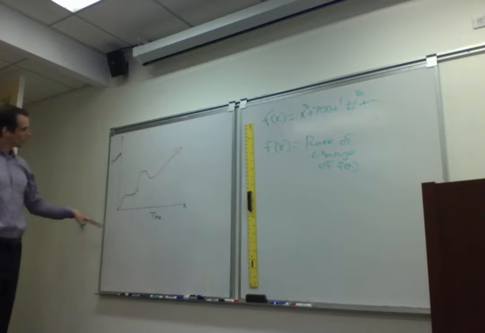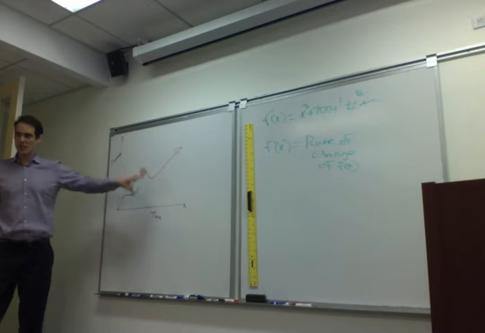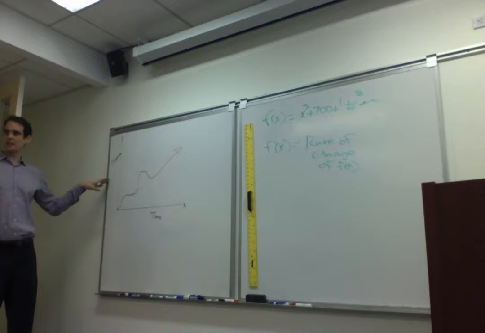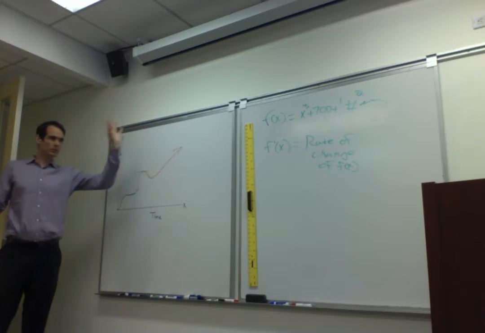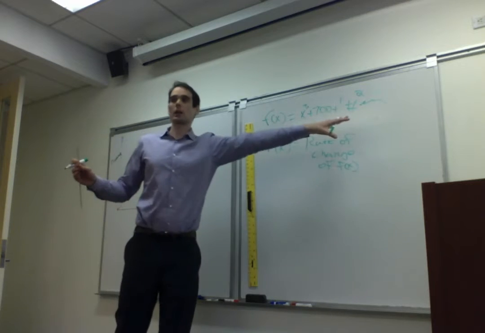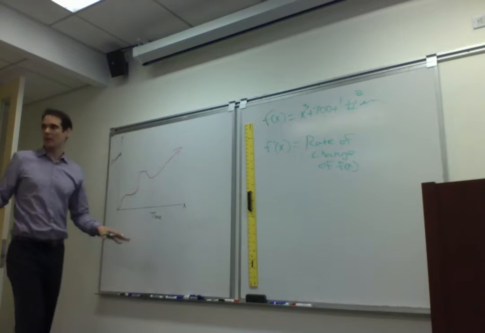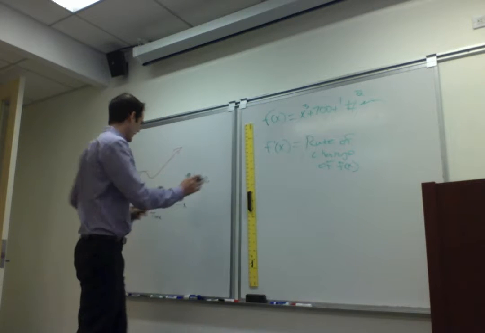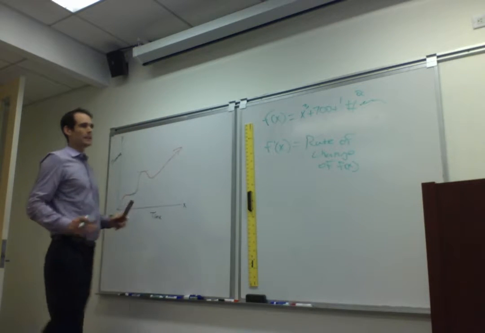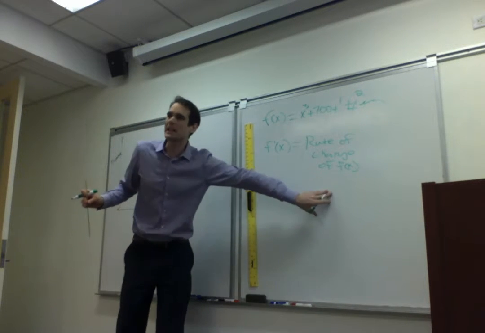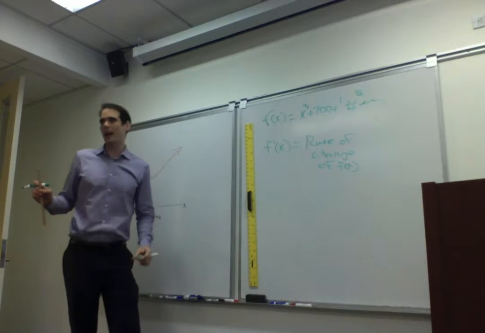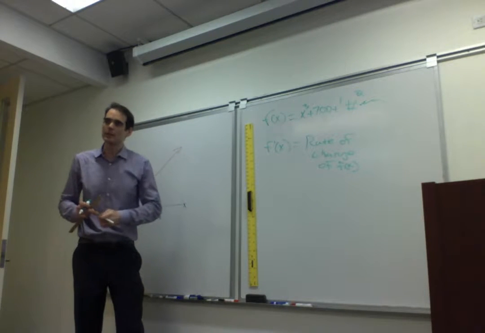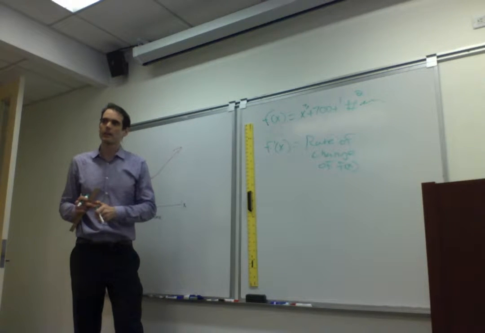So we've got some function here that relates time to distance. It'll be f of x equals some junk. We could also find a function where we put in x, say 2 seconds, and it will spit out the speed, the rate of change at that time, say 2 seconds. Does that make sense?